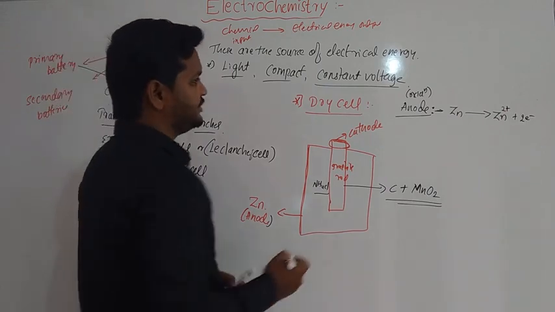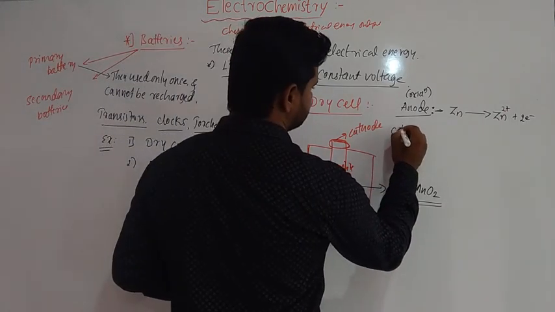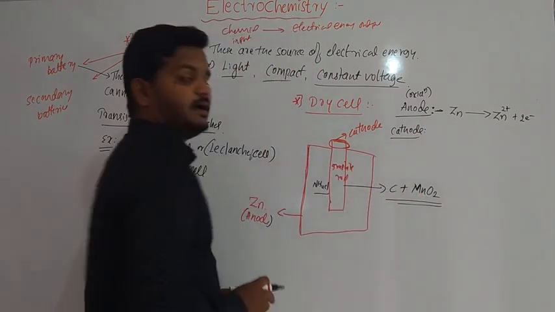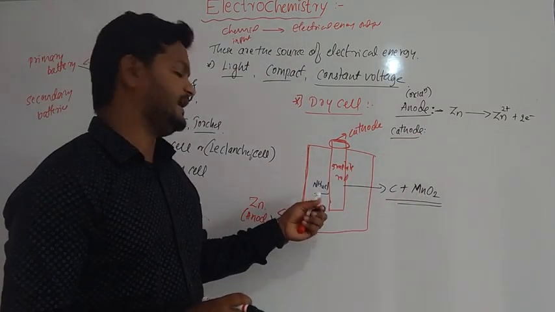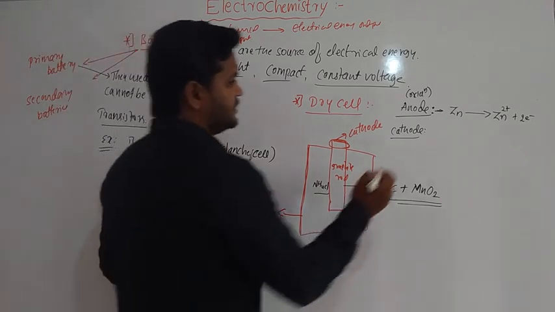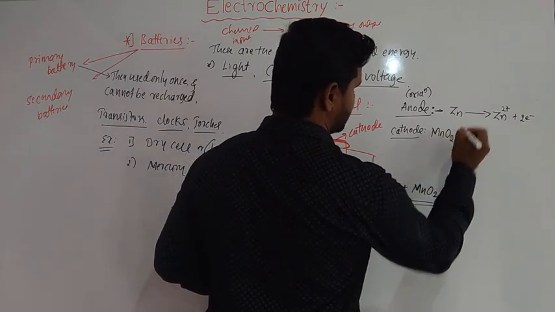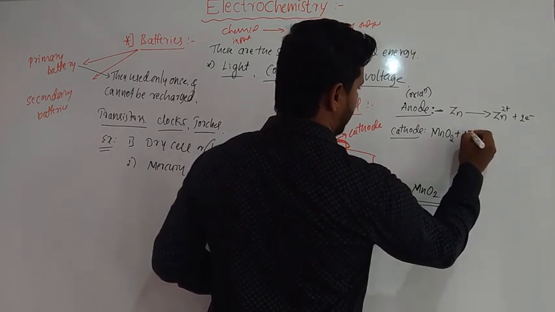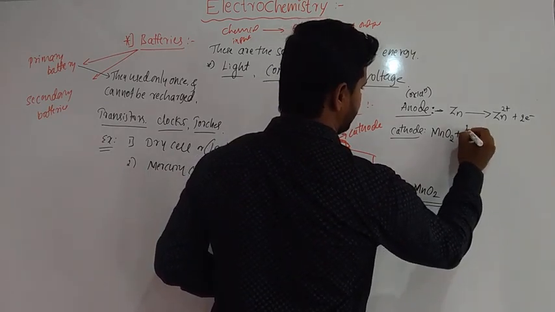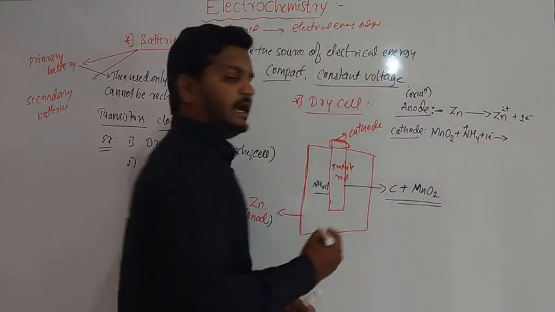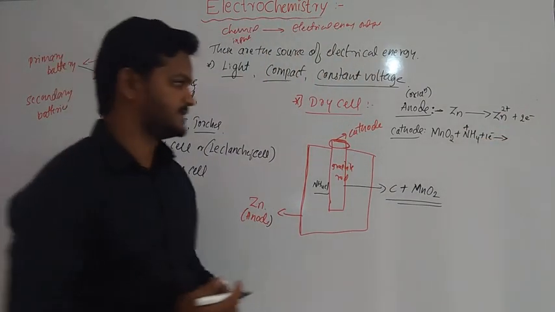And cathode. Here, what is the cathode, students? Carbon and MnO2 powder, and NH4Cl also there. So here MnO2, manganese dioxide powder, plus NH4+, it gains 1 electron because in cathode reduction reaction takes place.